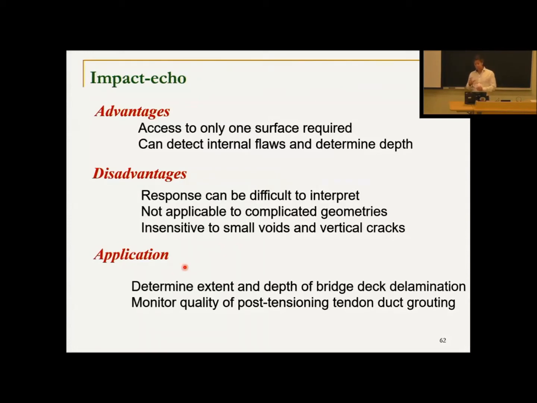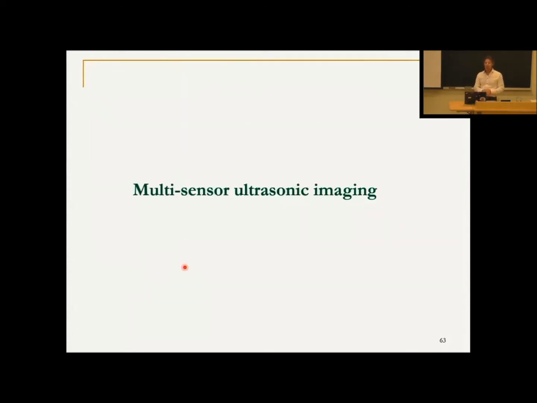And in some cases, it can be used to monitor the quality of post-tensioning tendon duct grouting, although its effectiveness in that case is not as strong. Now, moving to another ultrasonic method, which has a little bit higher complexity level. Here I'll talk about multi-sensor ultrasonic imaging, or ray imaging with ultrasound.